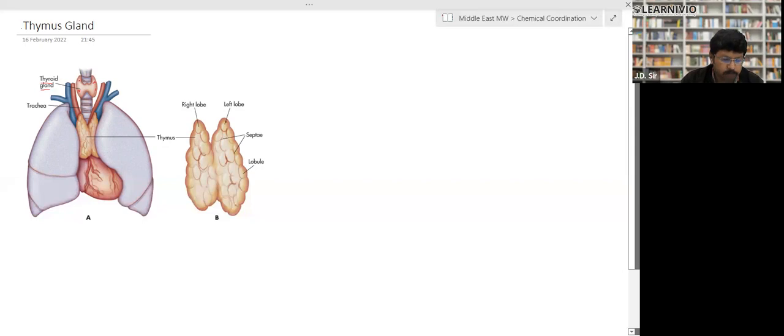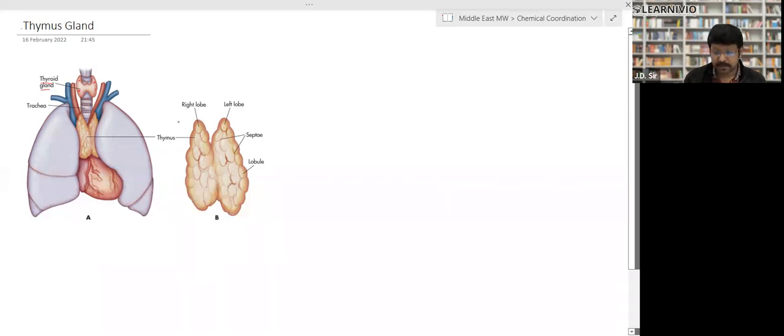It is made up of small lobe-like structures, right? So the basic function of the thymus gland is to maintain the immunity of our body.